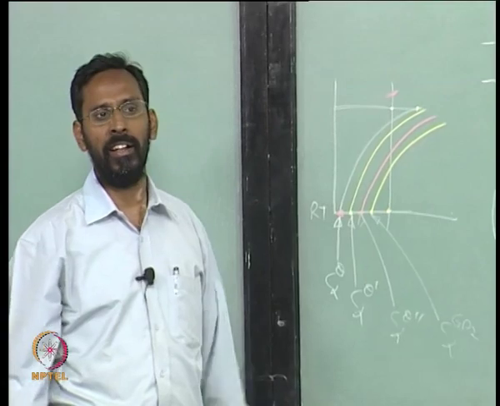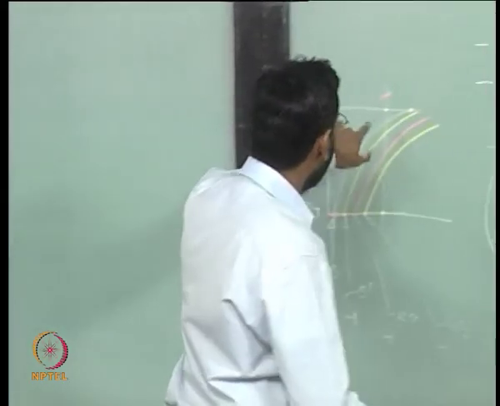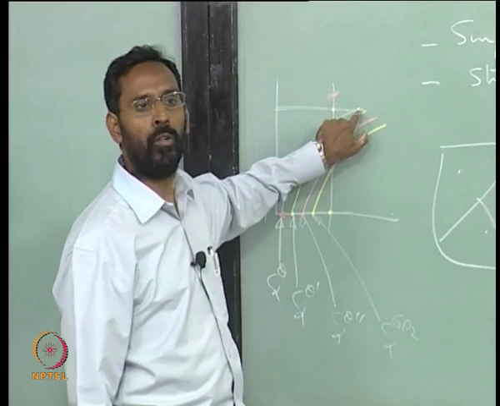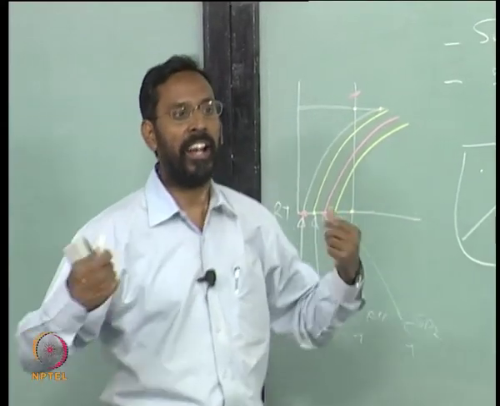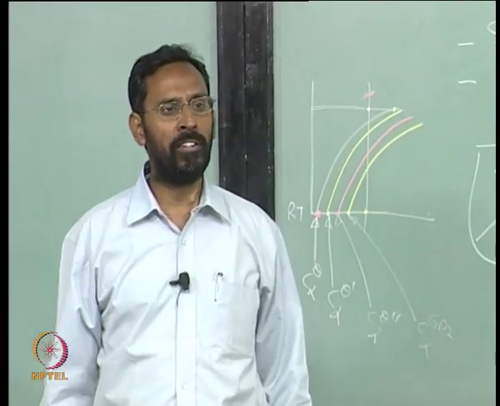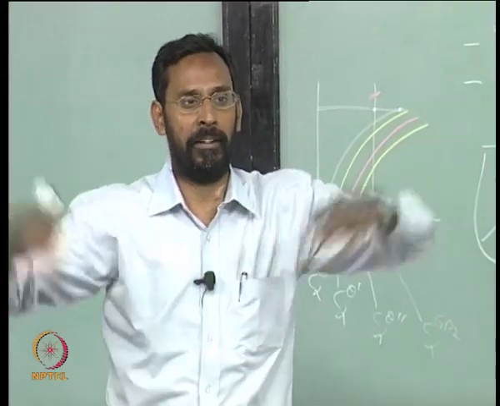What is the solvus line? The solvus line tells you the solubility limit at each temperature. Am I right? So my alloy contains less solute than what the solid solution can contain, and then there is no chance for precipitation. The amount of solute is smaller than what it can contain.